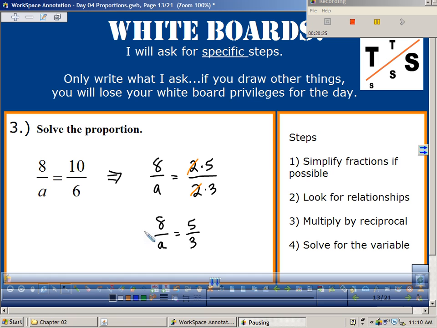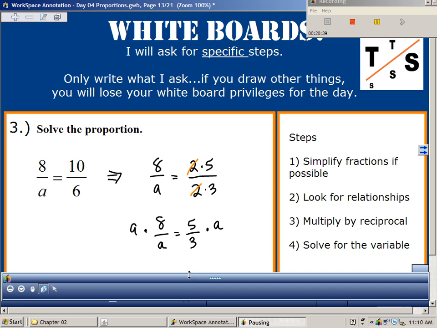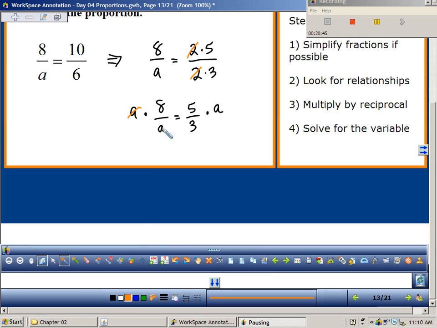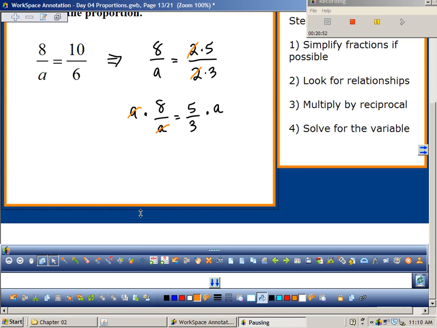Well, I don't want to multiply by the reciprocal because I've got A in the denominator. So I'm going to multiply both sides of my equation by A. My A cancels.